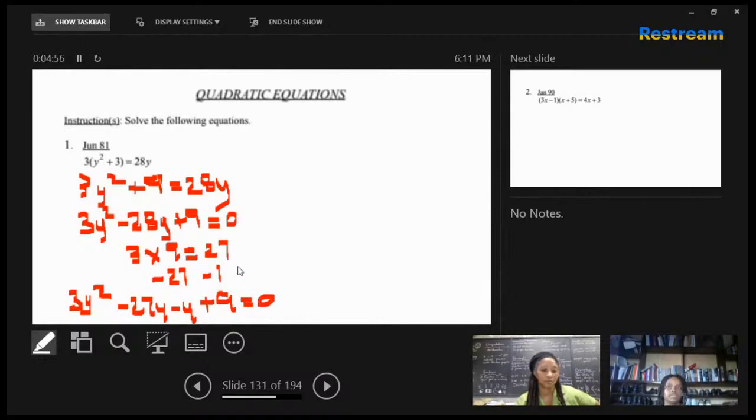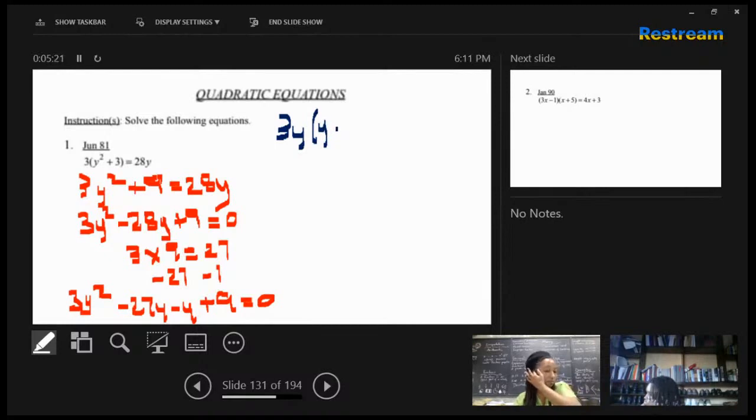So now we're going to factorize the pairs. So a common factor of 3y squared and negative 27y is 3y. And 3y into 3y squared goes y times. So 3y brackets y.